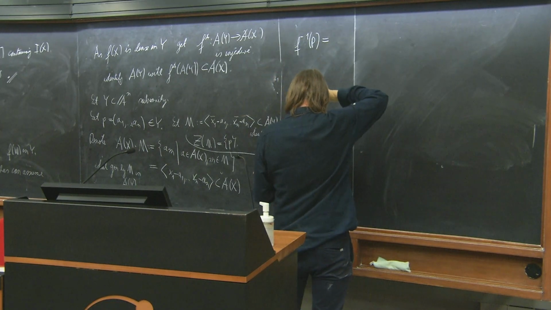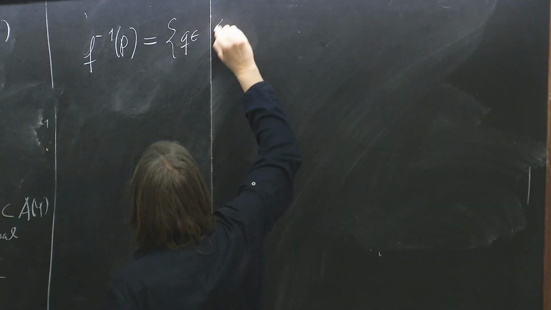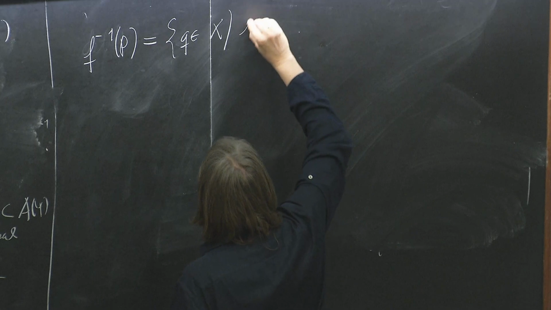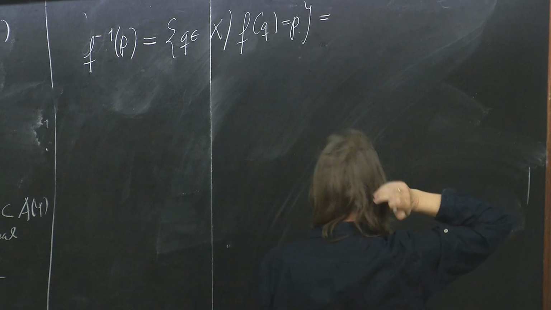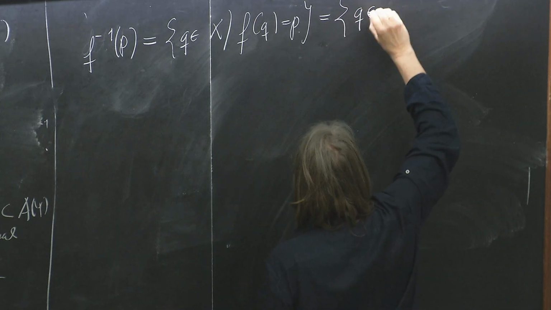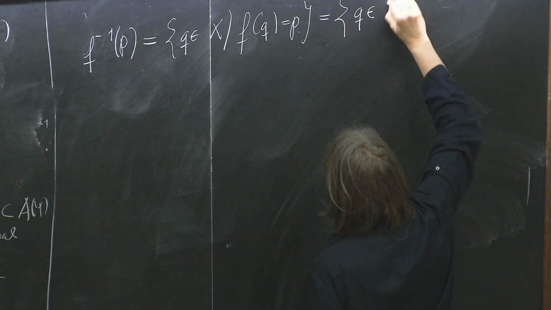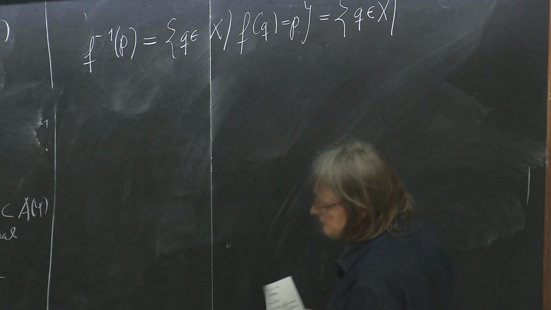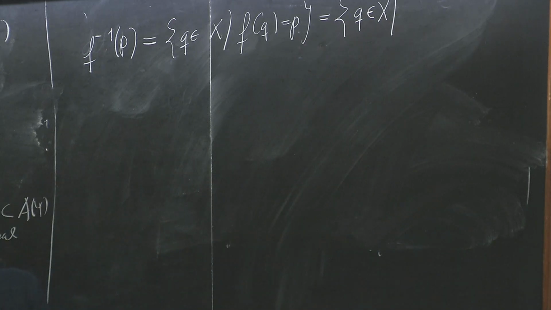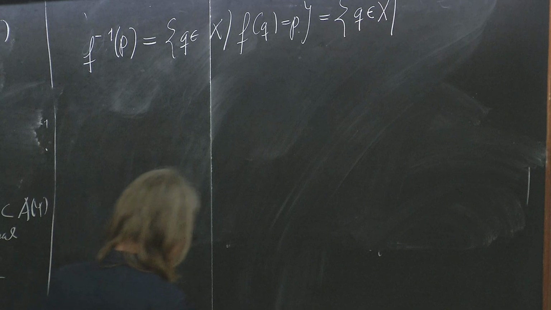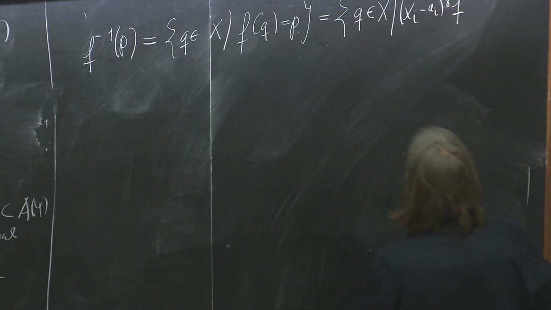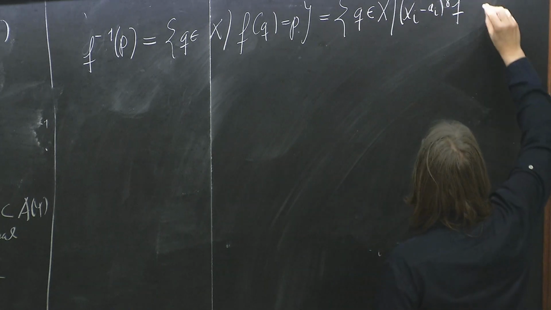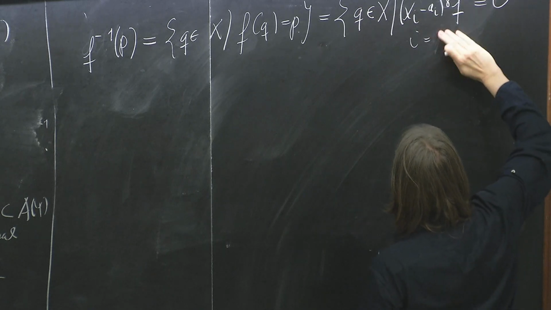This is the set of all q in X such that f of q is P, which is the same as the set of all q in X such that the ith coordinate of f, that means xi minus ai composed with f, is 0 for i from 1 to n.